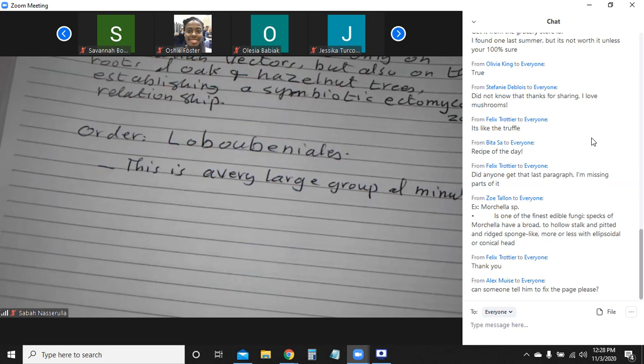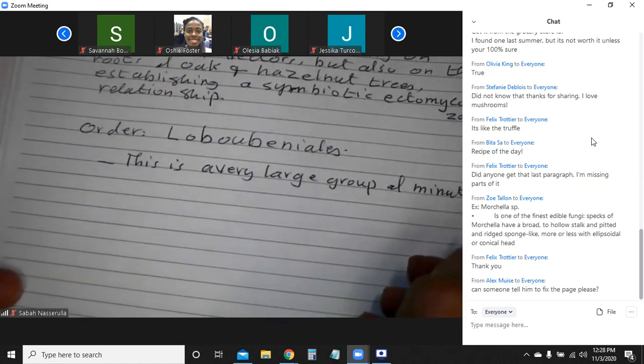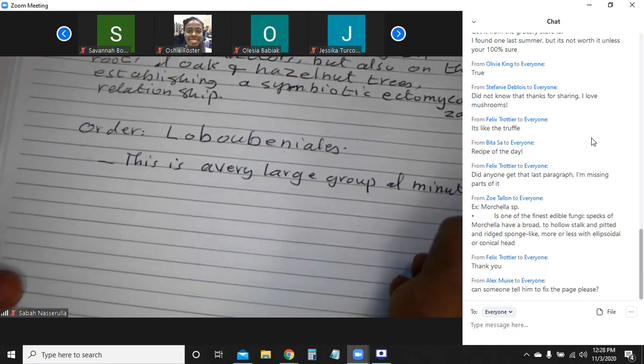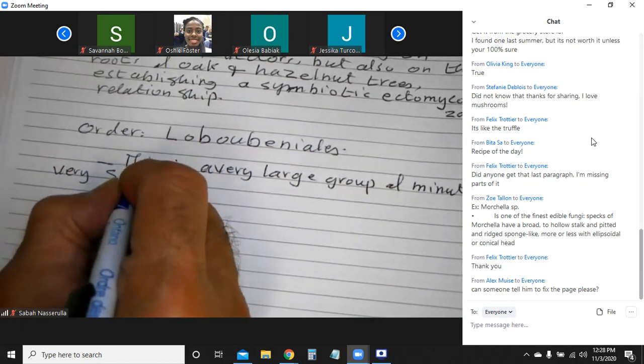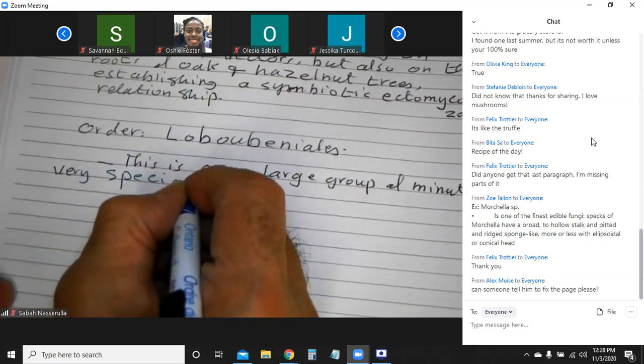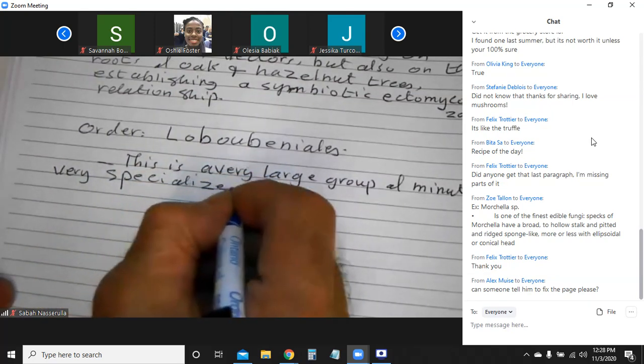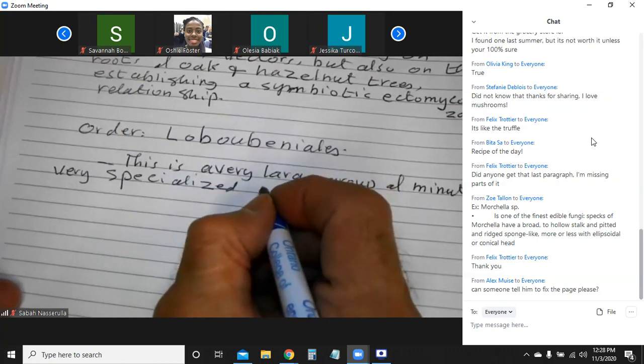And really, if somebody goes to any ant places, usually you find some of them there. It's a very large group of minute, very specialized fungi.